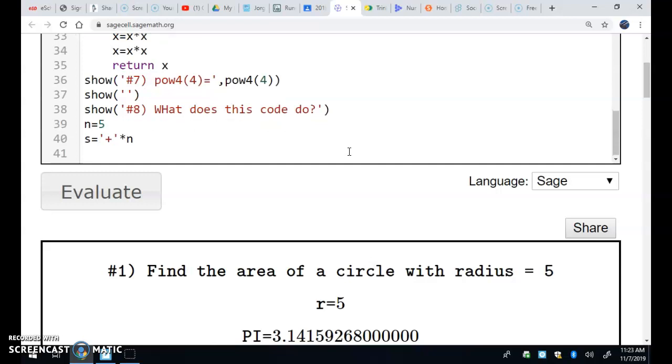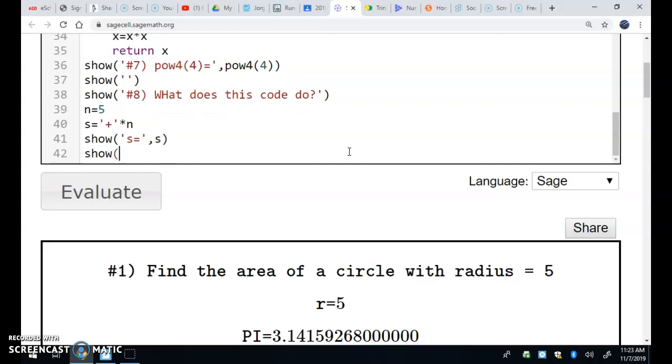Then they said, what if you print out s? They want to know what s is. We know what n is. We know what s does. And then show also the length of s.